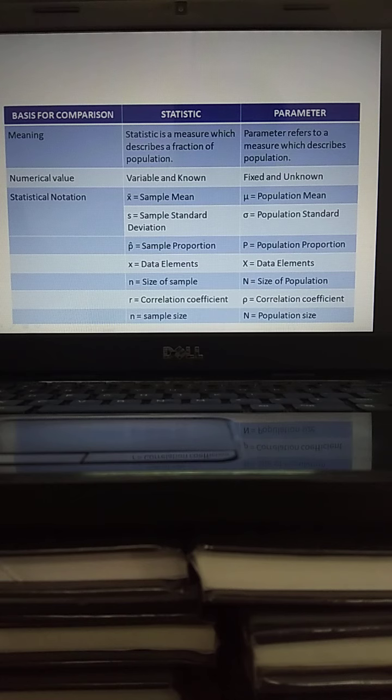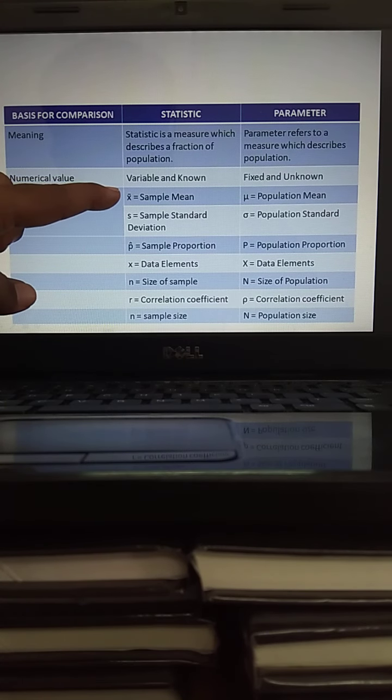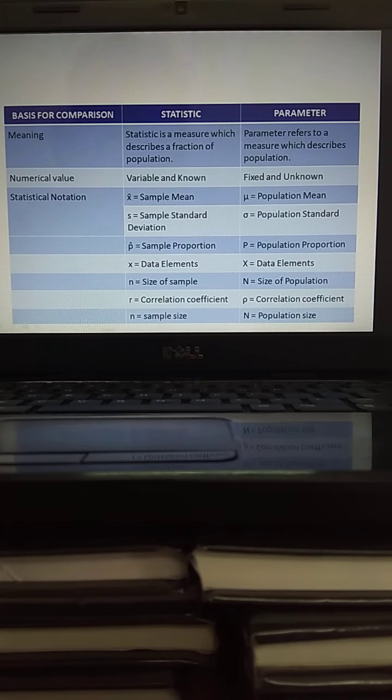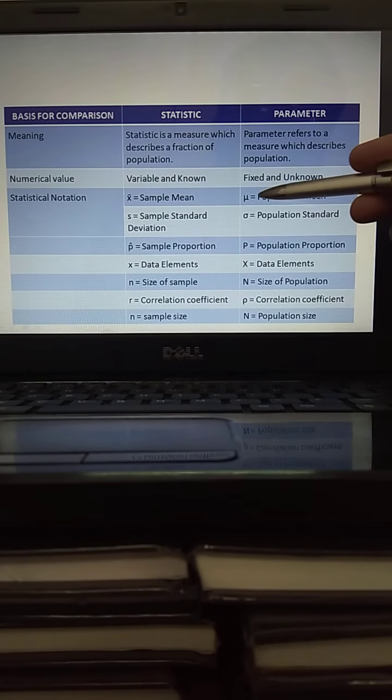Now here you see the sample mean. In general, the mean we know is written with a bar over the x. But from now onwards the sample mean is small x bar. Same way, the population mean is mu.